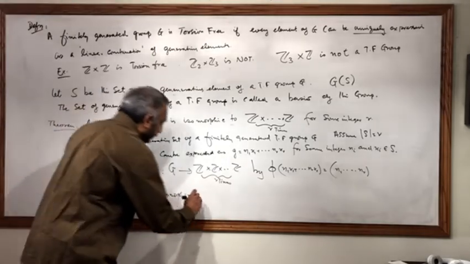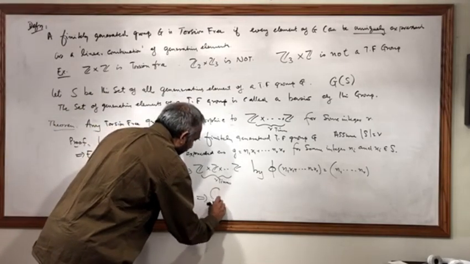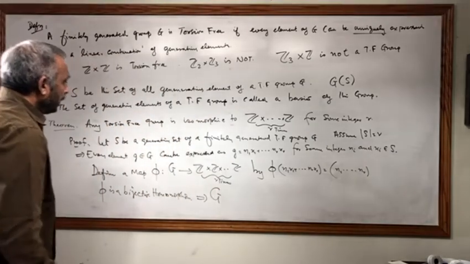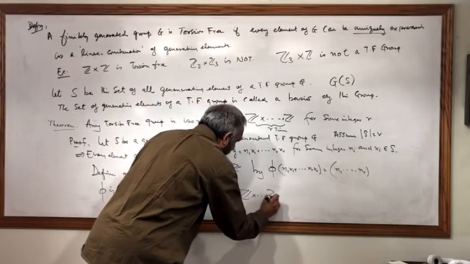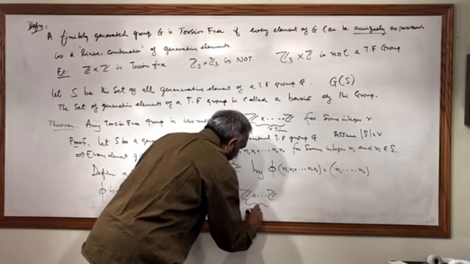And that implies G is isomorphic to Z, R times.